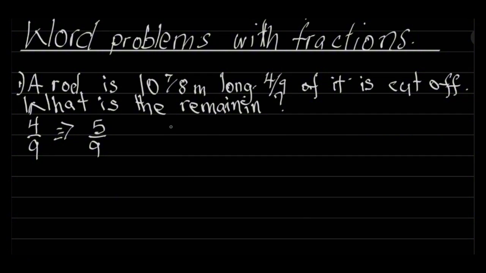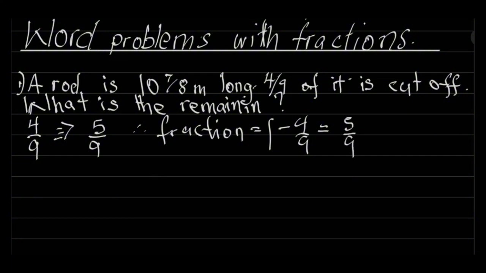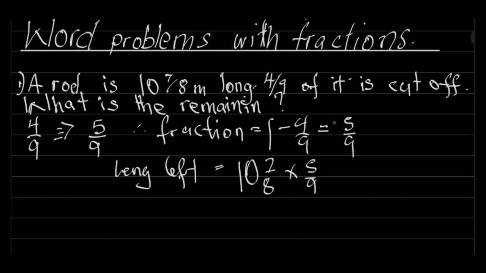So now all we have to do is multiply the total length by the fraction left. Therefore, fraction left is supposed to be equal to 1 minus 4 out of 9, and that will give us 5 out of 9. So length left will be equal to 10 whole number 7 over 8 times 5 out of 9.